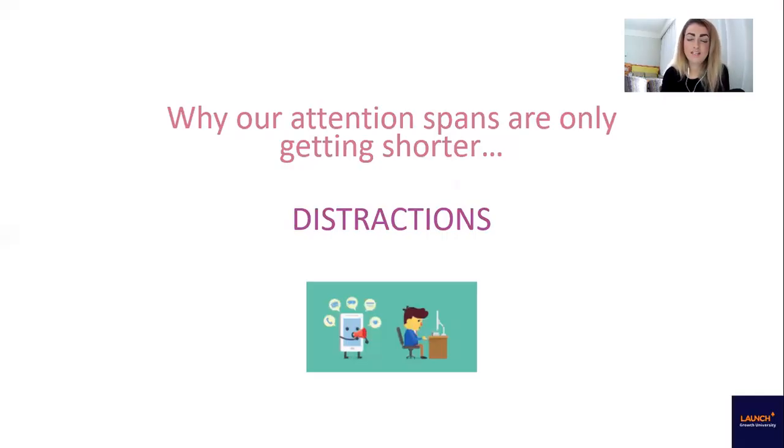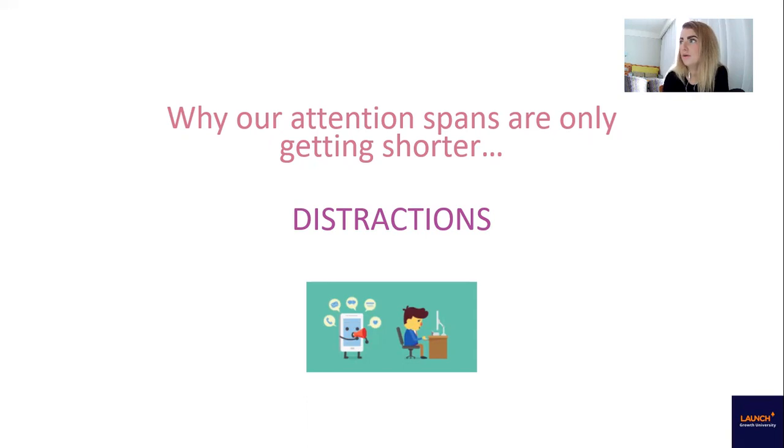So short form content, how did it come about? Why is it here? And the reason why it's not going anywhere. Everybody's attention spans are always getting shorter. And this is because we have so much more distractions. Technology is the biggest downfall in terms of distractions, but we're able to still function. We're able to multitask. A lot of the time, if you're watching television, if you're streaming Netflix, you're more than likely on your phone at the same time.